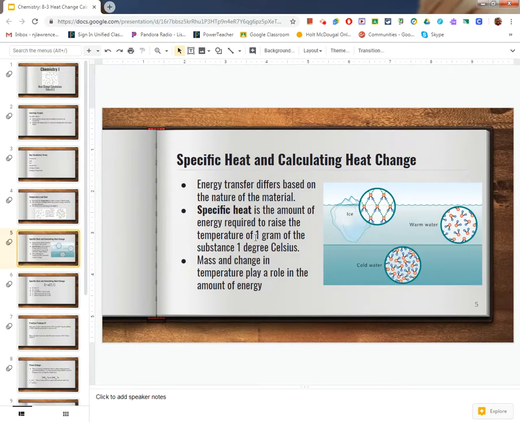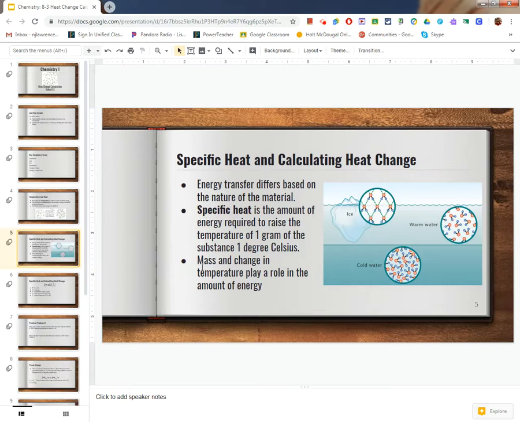Things like water, methane, glucose, everything out there that is used somewhat in society already has a researched specific heat, and this will have to be given to you when you do these kinds of problems. Specific heat, again, is just the amount of energy needed to raise 1 gram of a substance 1 degree of temperature, which is typically in Celsius, but it can also be done in Kelvin.